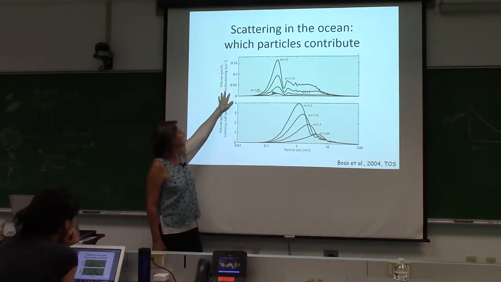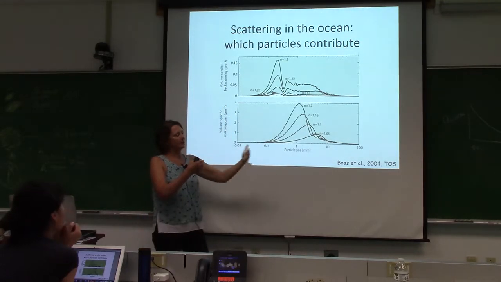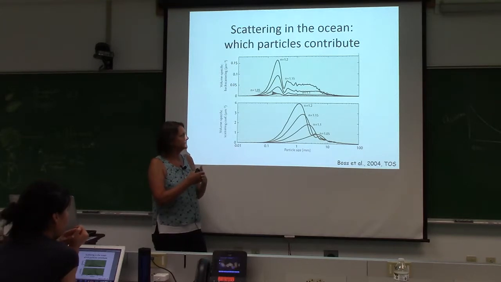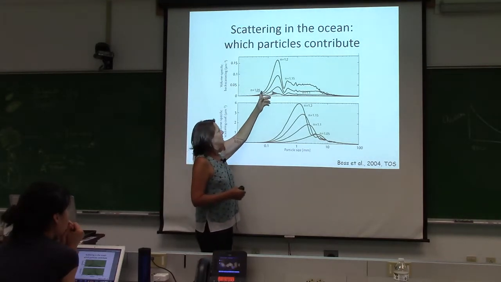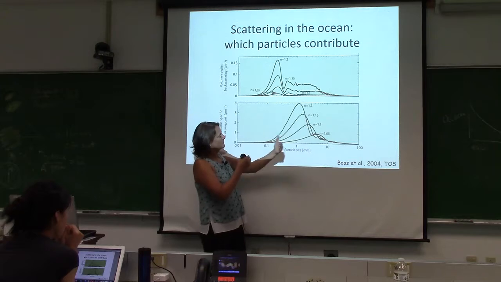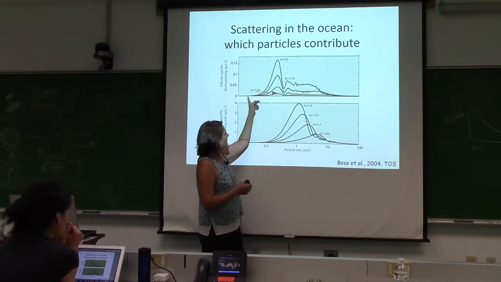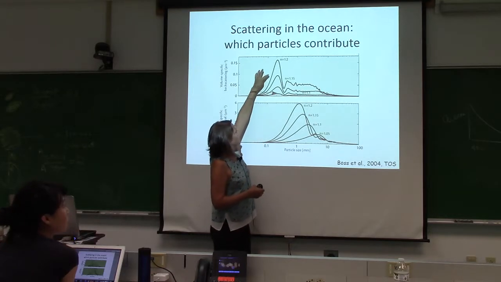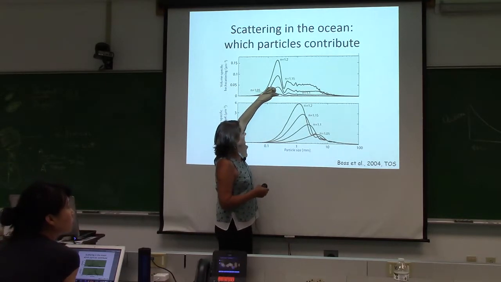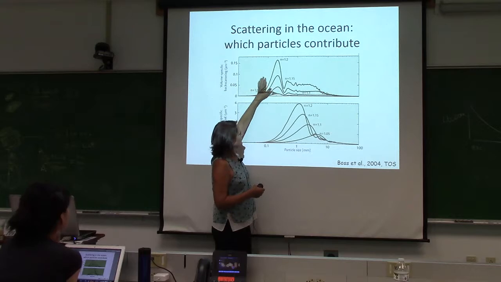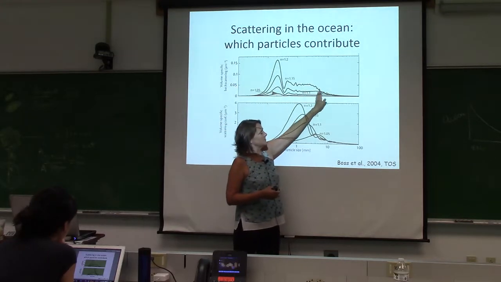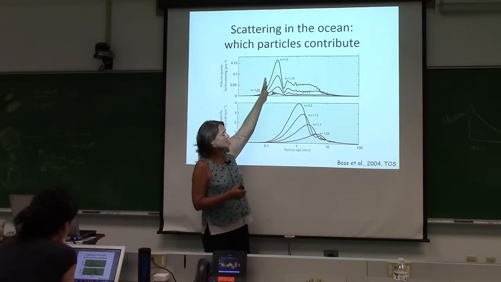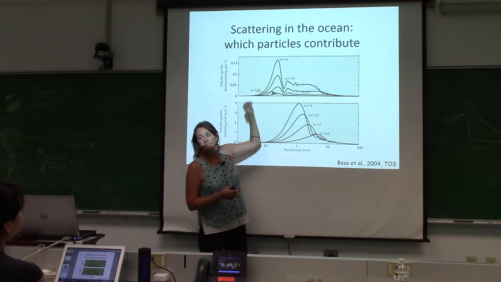So this is backscattering. So you're looking at the backward part of the volume scattering function. And you can model that backward part for particles of different sizes and different indices of refraction. So very refractive particles, not so refractive particles. But where in the size distribution do you see the maximum backscattering?